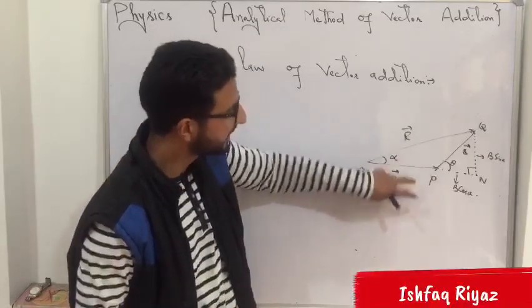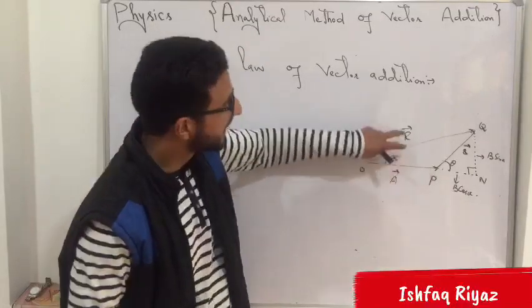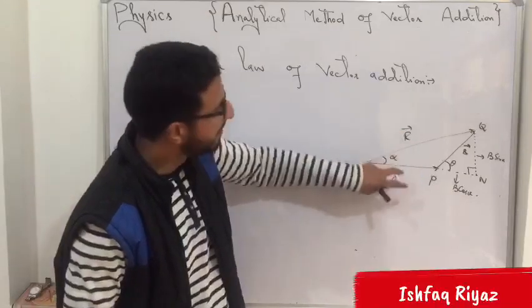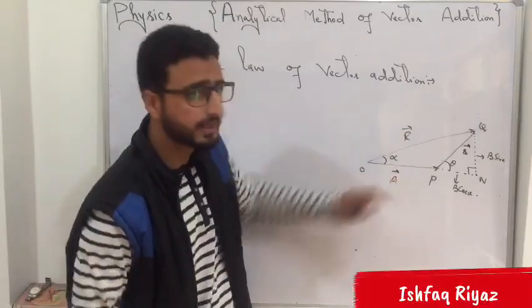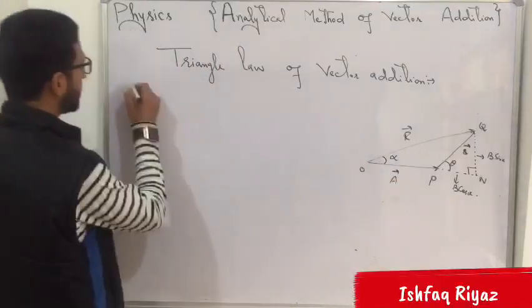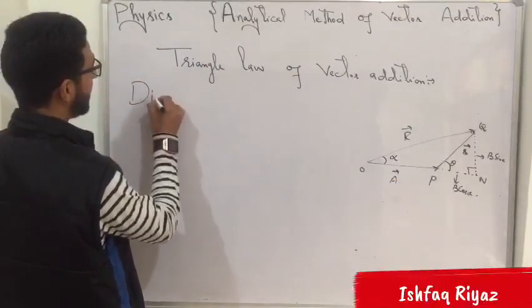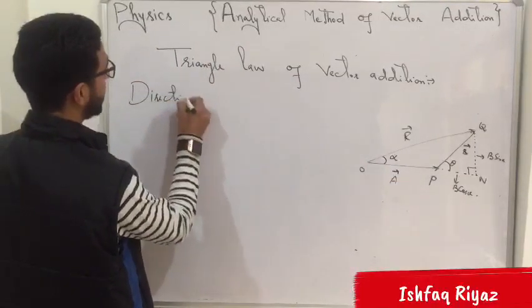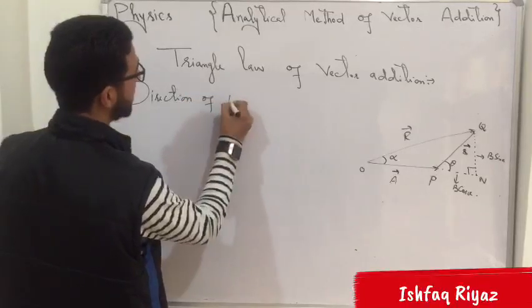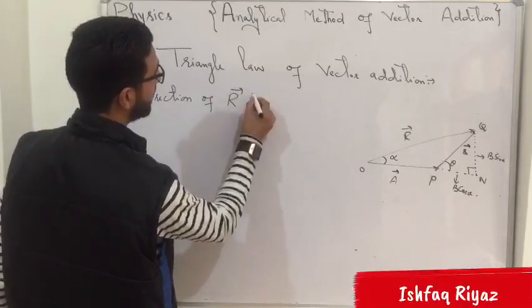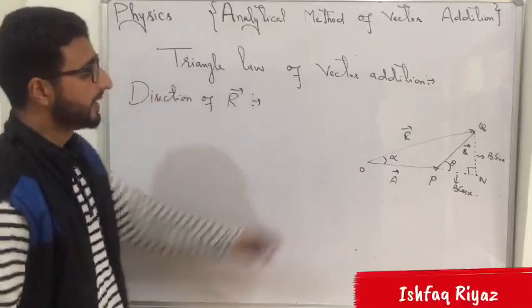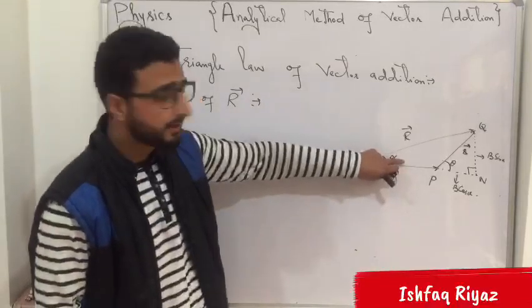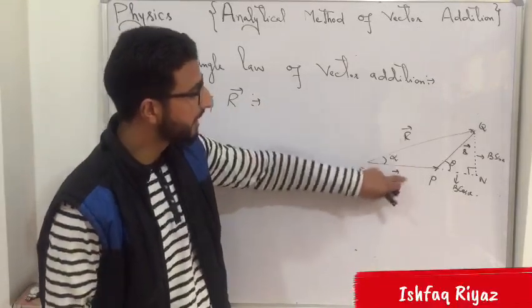Here that one vector is A. I mean, let resultant vector R make an angle alpha with vector A. ठीक है ना? So first I will write here direction of resultant vector R. Okay. So let alpha be the angle which the resultant vector R makes with A.